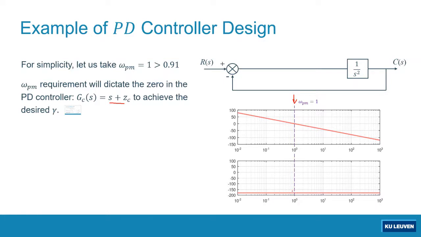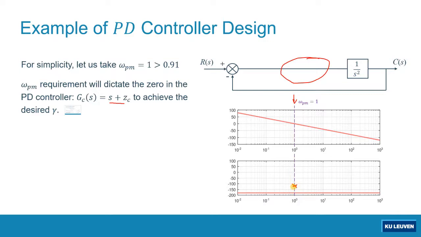In order to achieve the second requirement, we need to introduce a controller such that the phase plot of our new open loop transfer function will cross this point more or less.